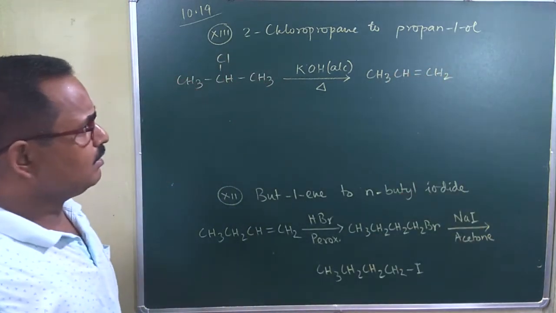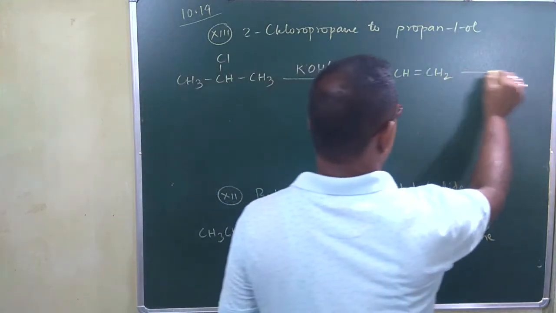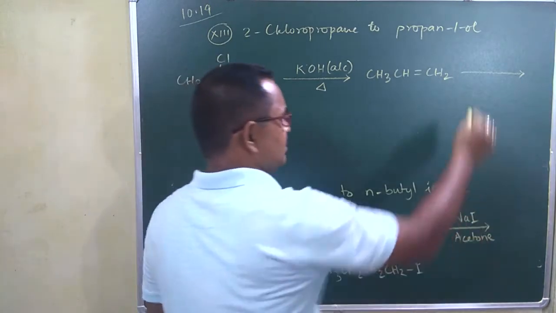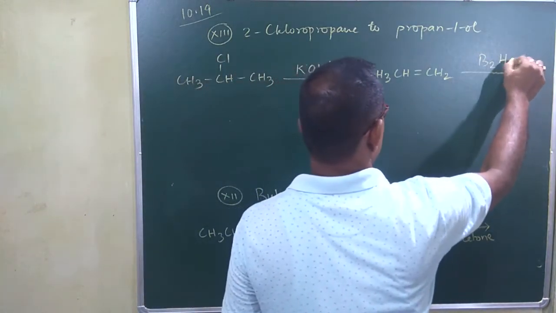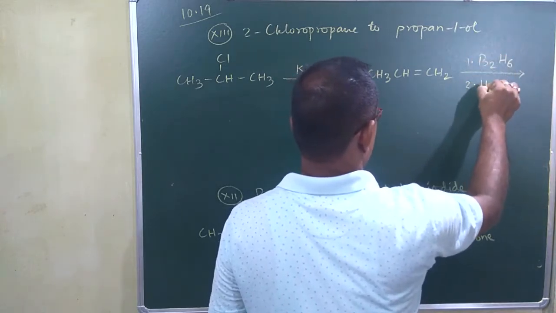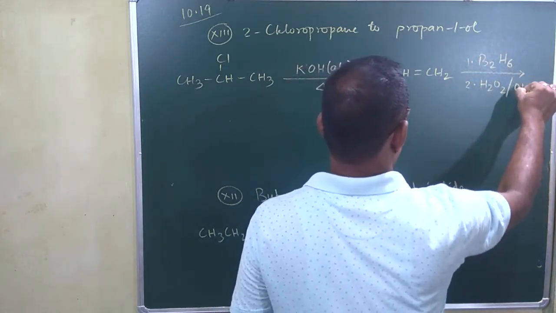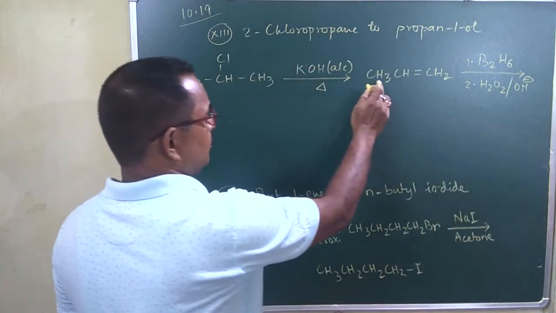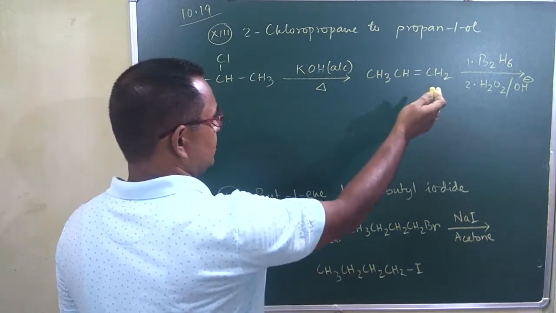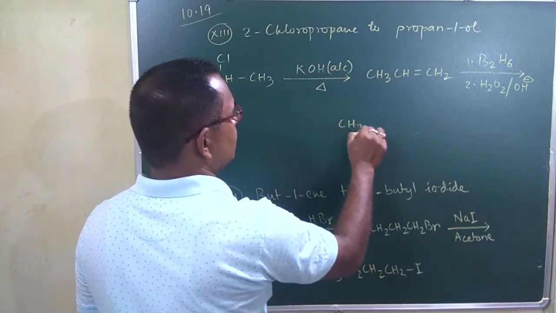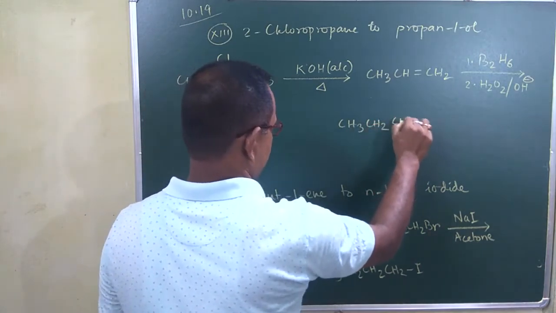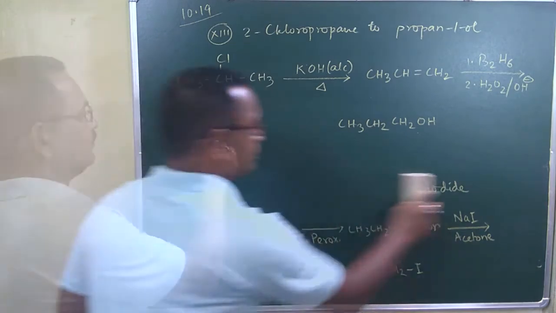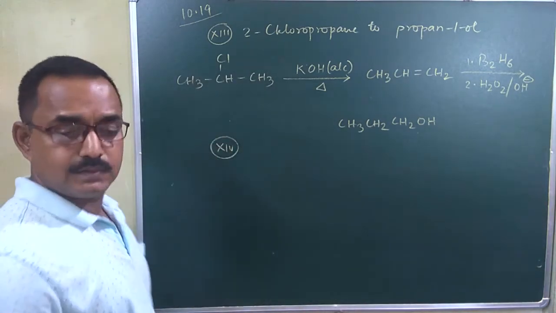You'll get propene. Now propene will give you propanol by means of hydroboration oxidation reaction. This reaction is already given. So propene on hydroboration followed by oxidation will give you propanol. Come to the next.